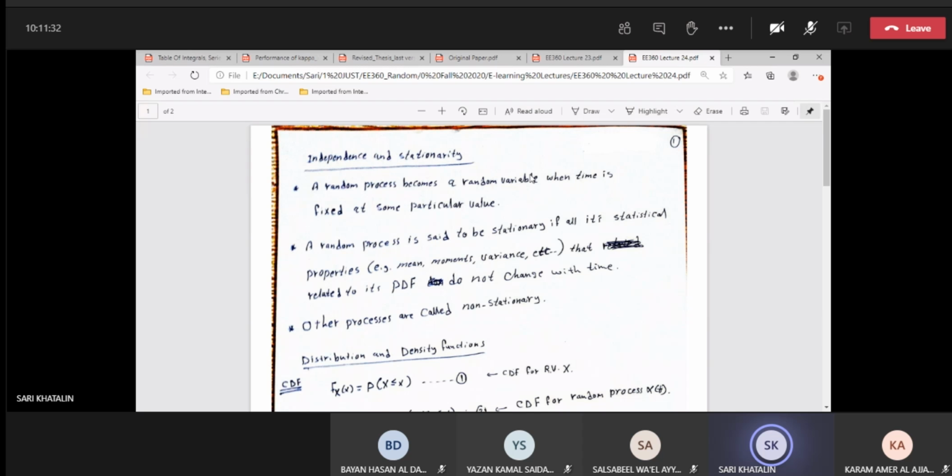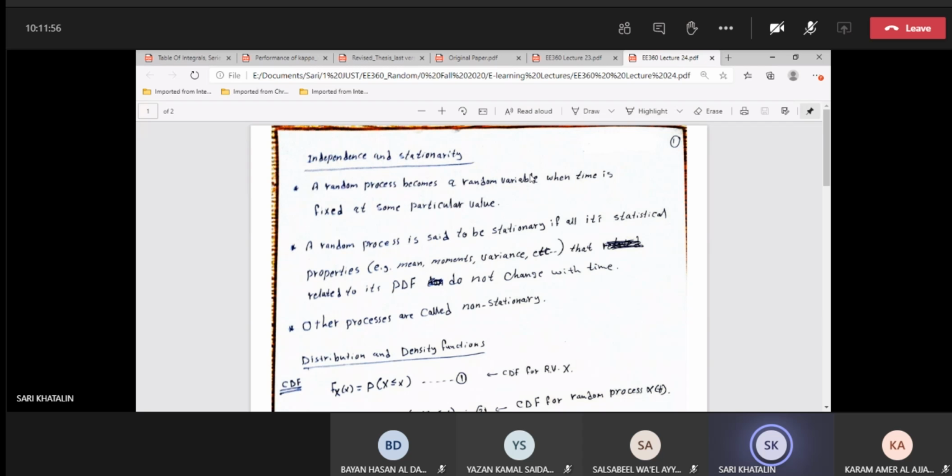Now, a random process is said to be stationary if all its statistical properties, and we did talk about these properties in the past, like means, moments, variance, covariance, and things like that, that are related to its PDF, do not change with time. Of course, we use the PDF to get these properties for the random variable.